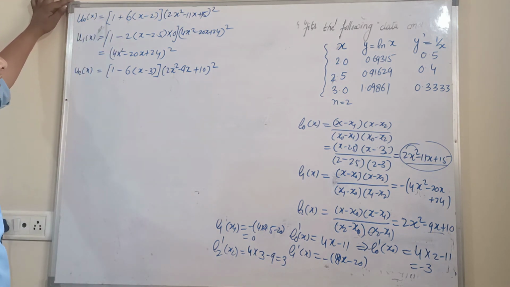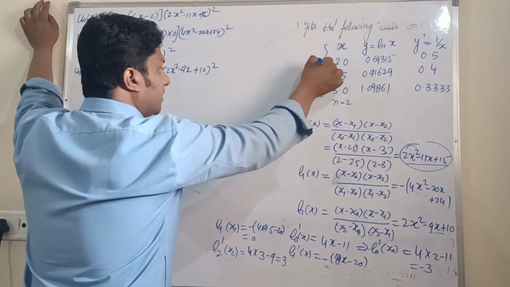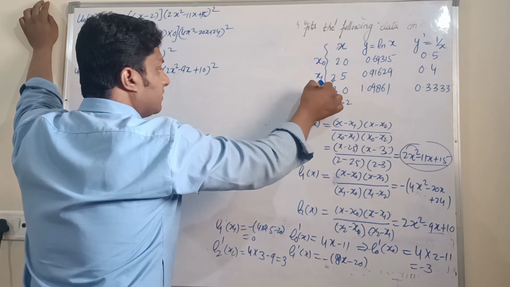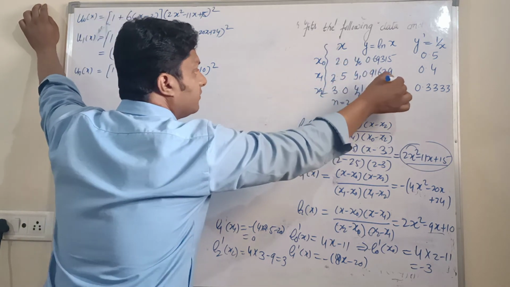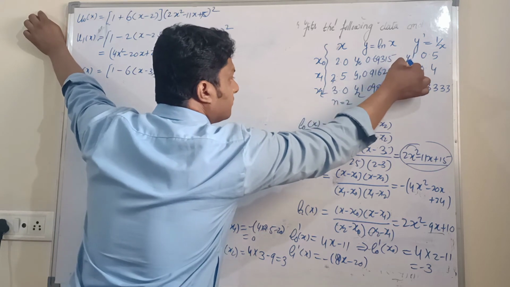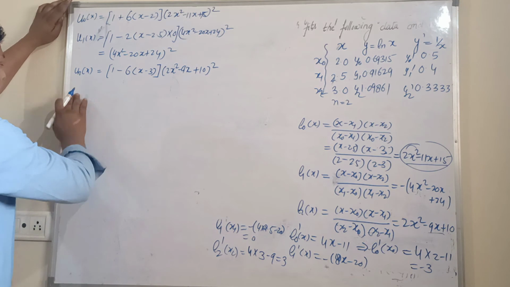So we have computed all these values, and we have the values of y0, y1, y2, y0', y1', y2' also. Here these are given: x0, x1, x2, y0, y1, y2, y0', y1', y2'. So now compute H5.